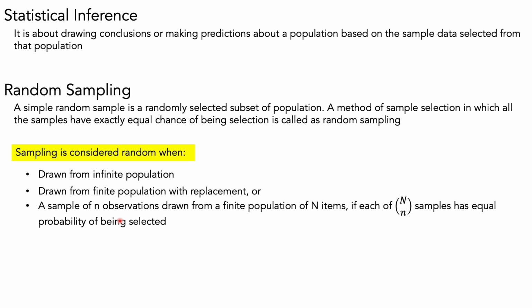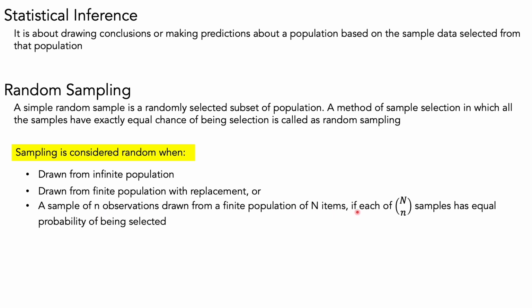You will further see some examples, and you will have a better idea about this. So if a sample of small n observations is drawn from a finite population of capital N items, the number of items in a population is represented with capital N, and the number of observations in the sample is represented with small n.